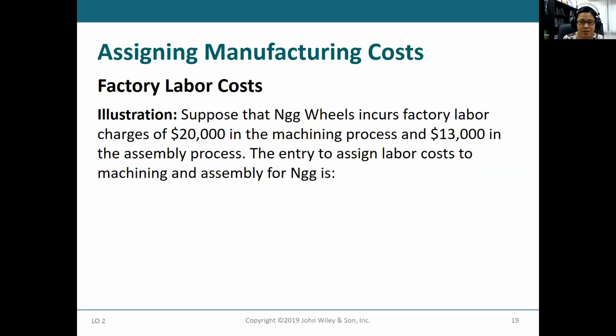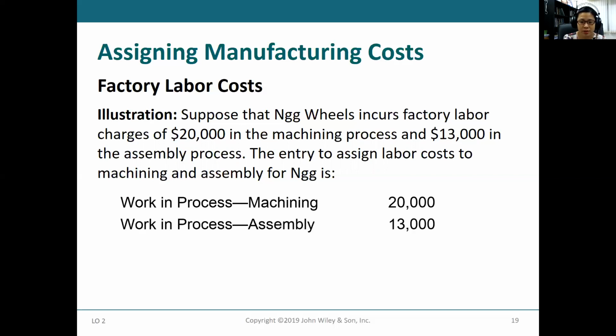The entry to assign labor costs to machining and assembly is to debit work in process for machining 20,000, because we use the labor in machining, debit work in process for assembly 13,000, and credit factory labor for 33,000. This journal entry is again to record the use of direct labor in the production process.